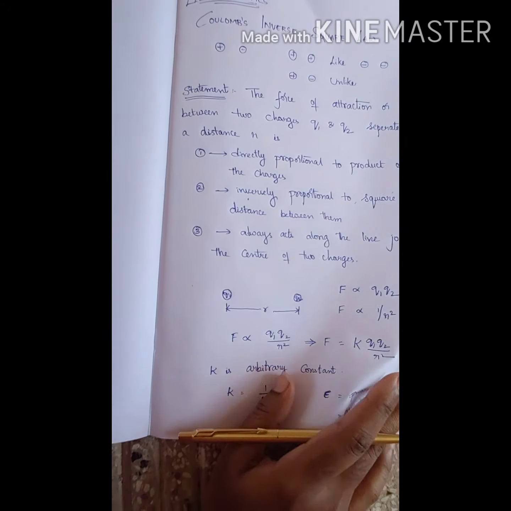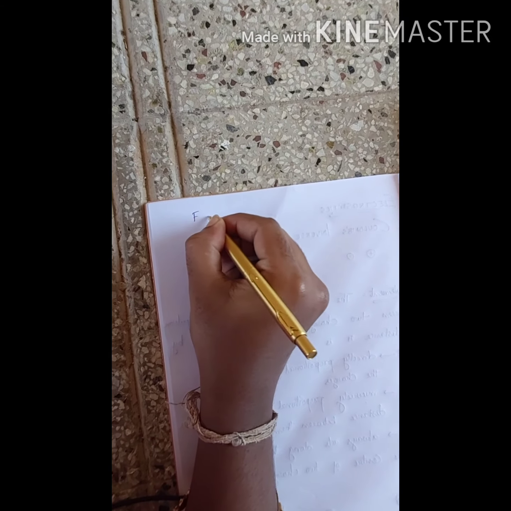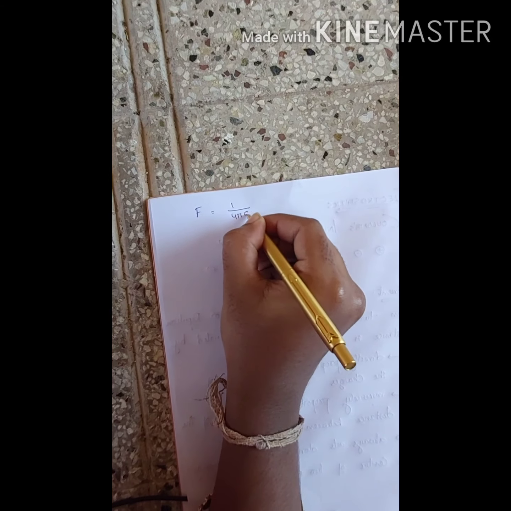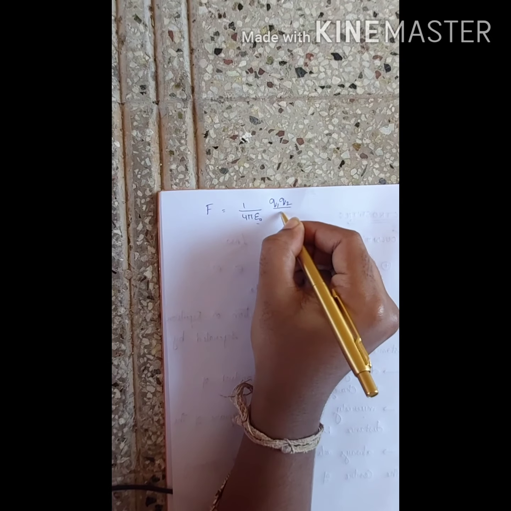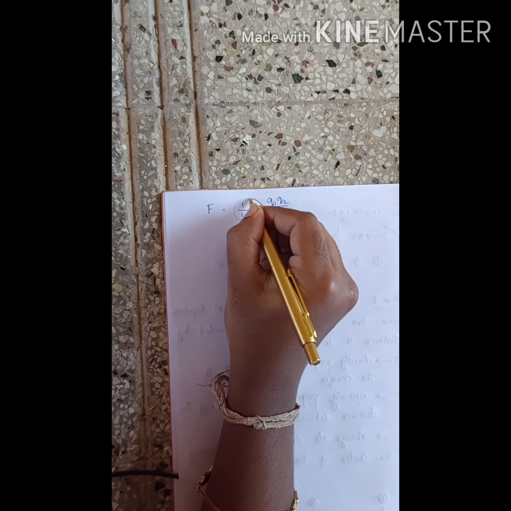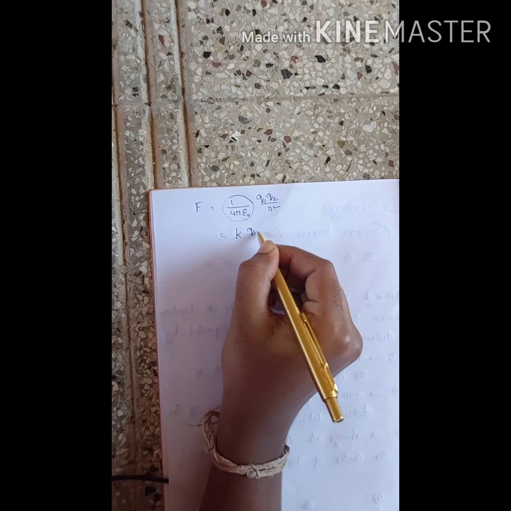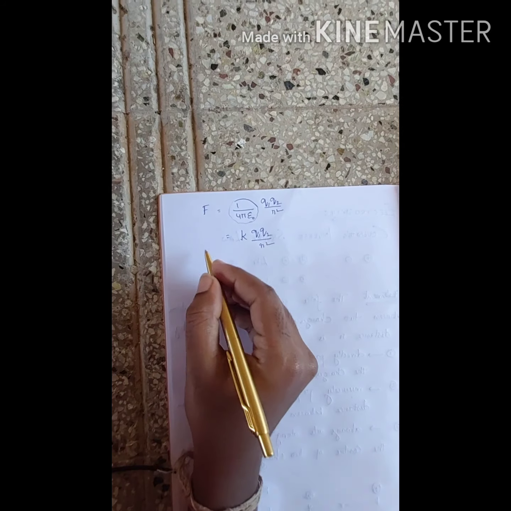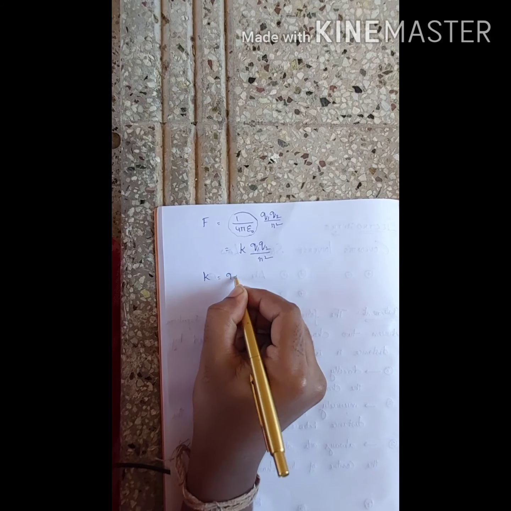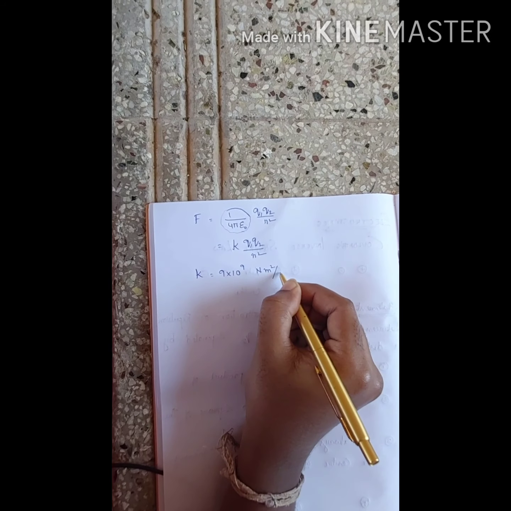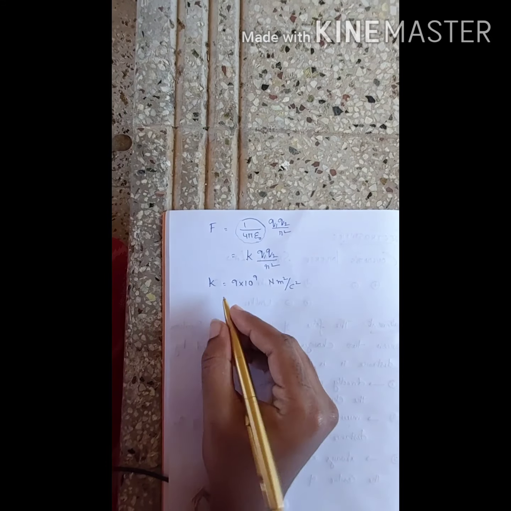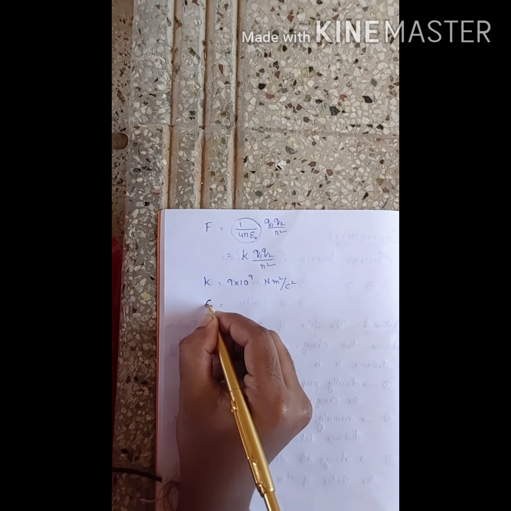Now, if we take this entire setup with the medium as air or vacuum, then F is equal to 1 by 4 pi epsilon naught, Q1 Q2 by r square. This entire term we take as K. Thus the K value is 9 into 10 power 9 Newton meter square per coulomb square. With reference to epsilon only, we can calculate K.